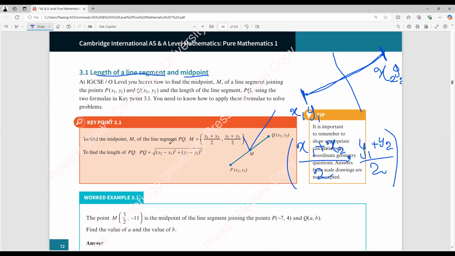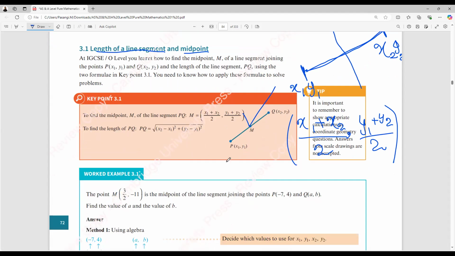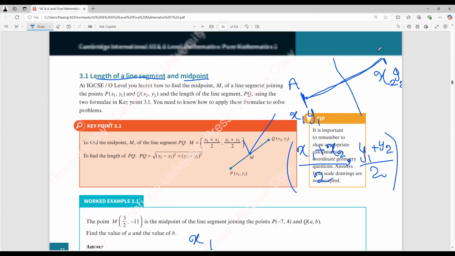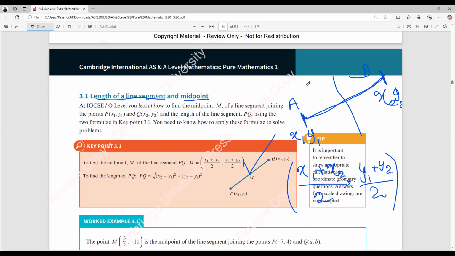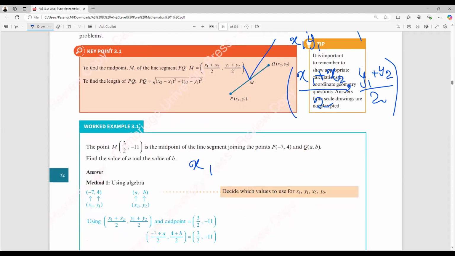Then to find out the length, we are getting the difference of these two points. Let's assume I'll put this point as A and this point as B. If we are considering point A first, then always we should consider point A as first.